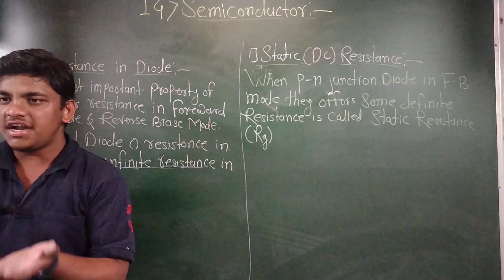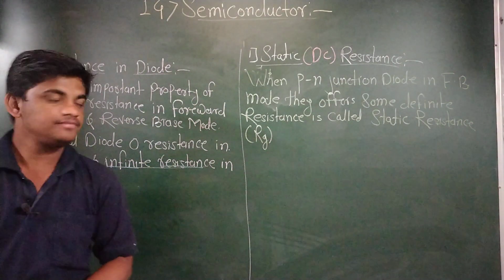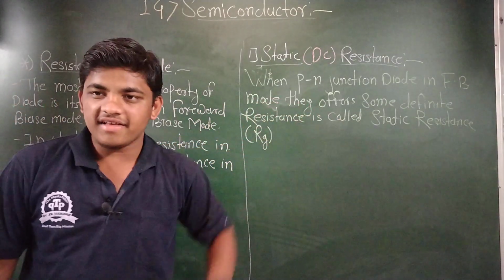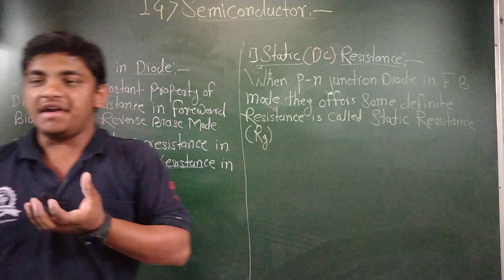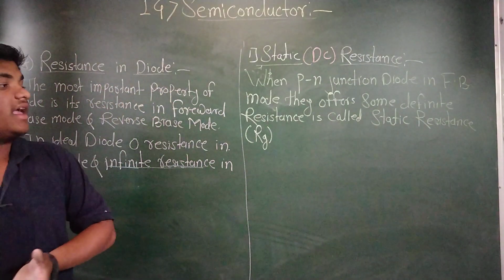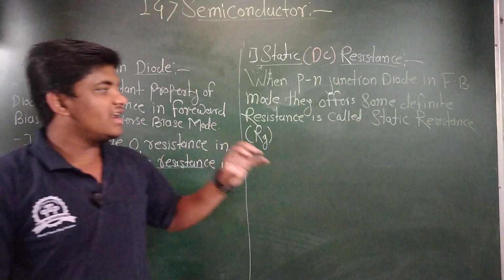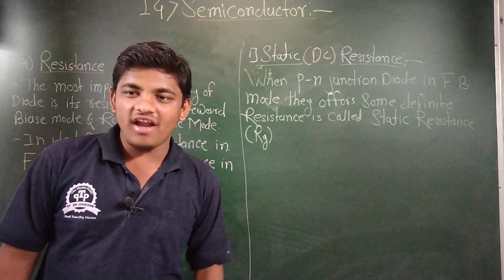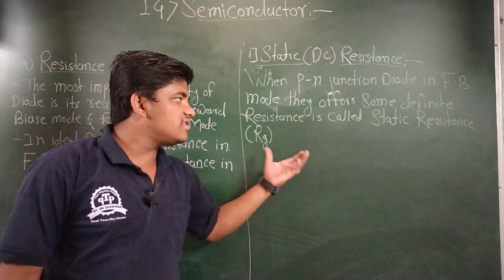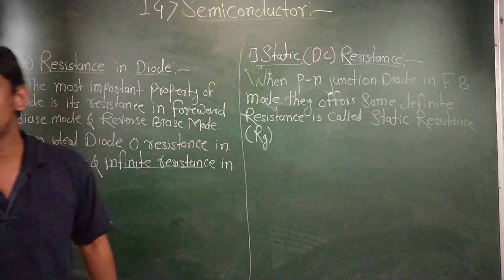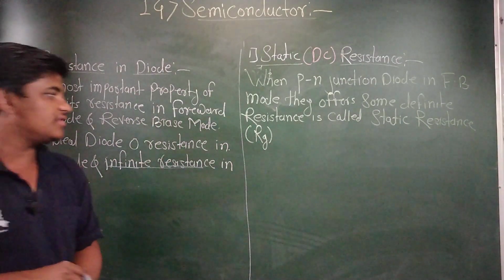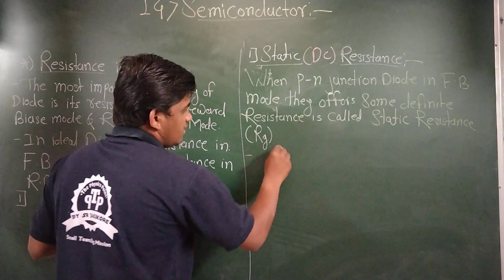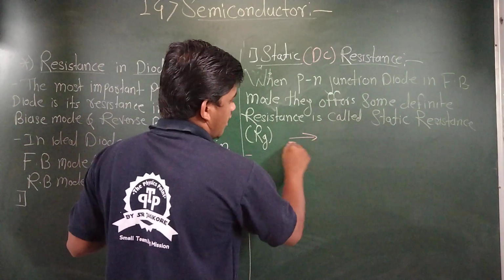When a PN junction diode is in forward bias mode, it offers some definite resistance in the circuit. This resistance is called static resistance or DC resistance.